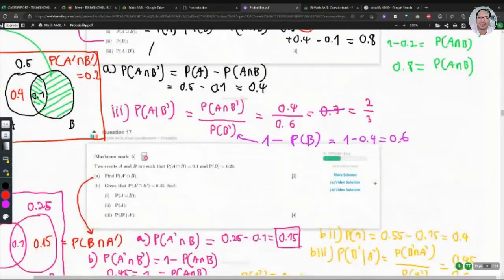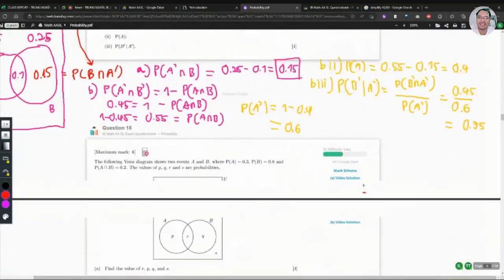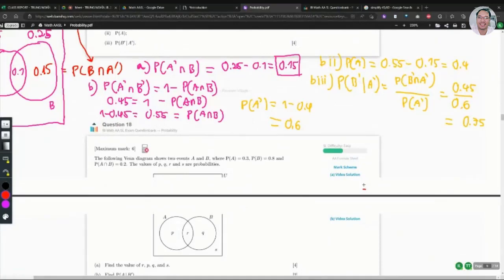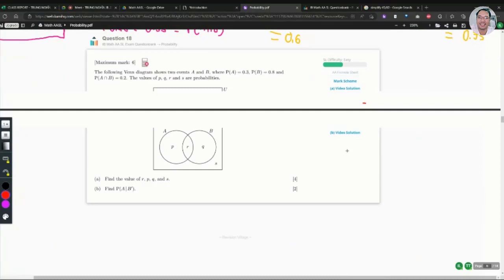Practicing similar questions like that is the only way to master the skills. Do it with acceptable speed, not too slow. Question 18.